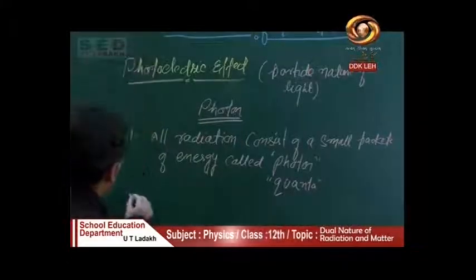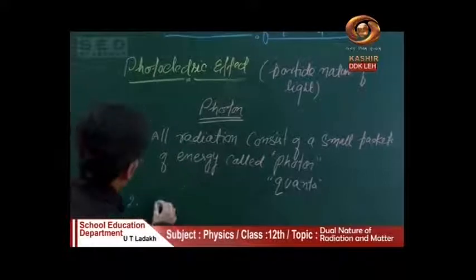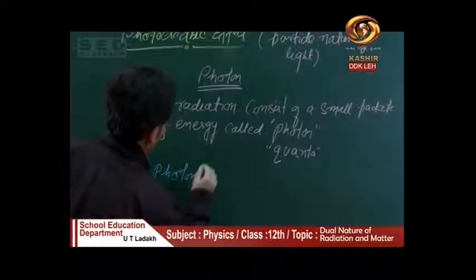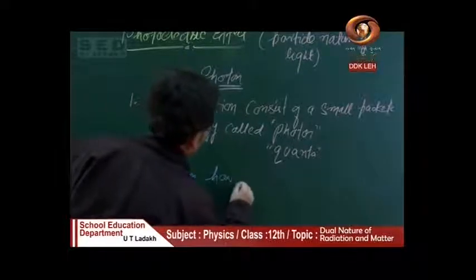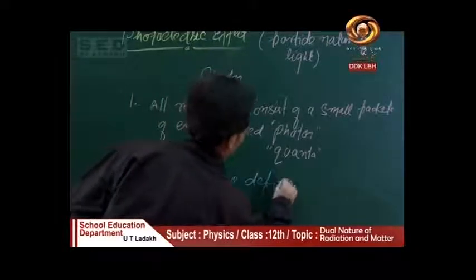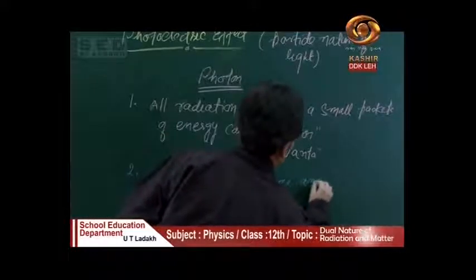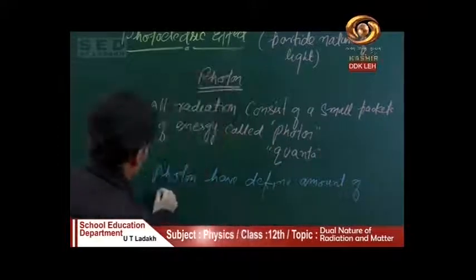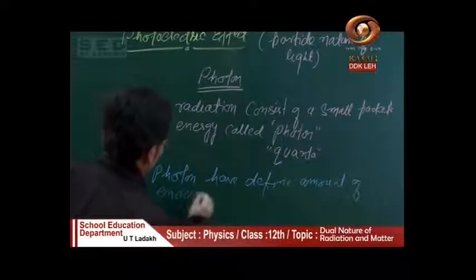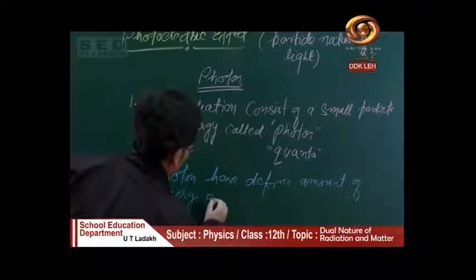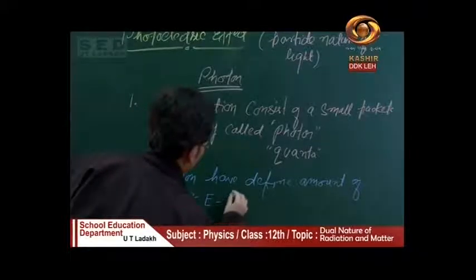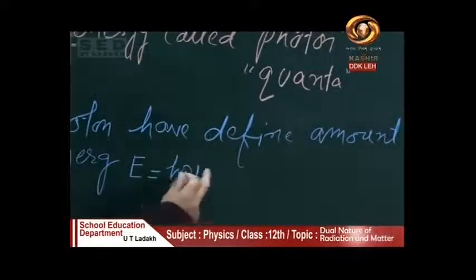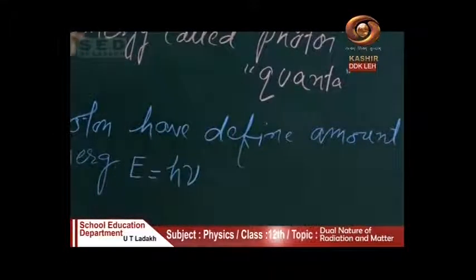The second point is these photons have a definite amount of energy. This can be written as h nu. Here h is Planck's constant, and nu is the frequency of the radiation.